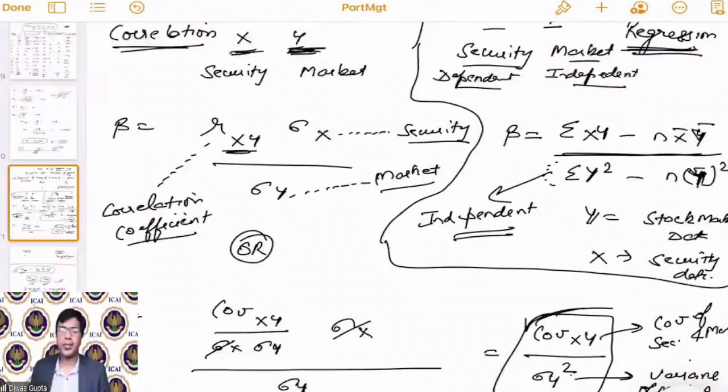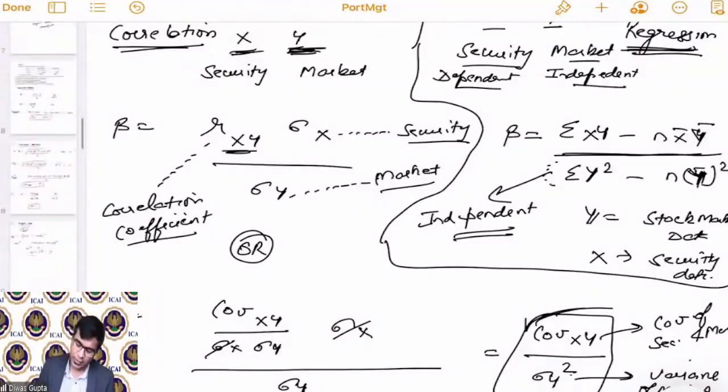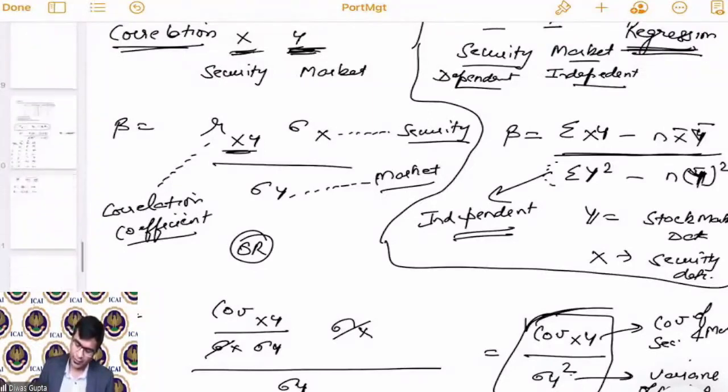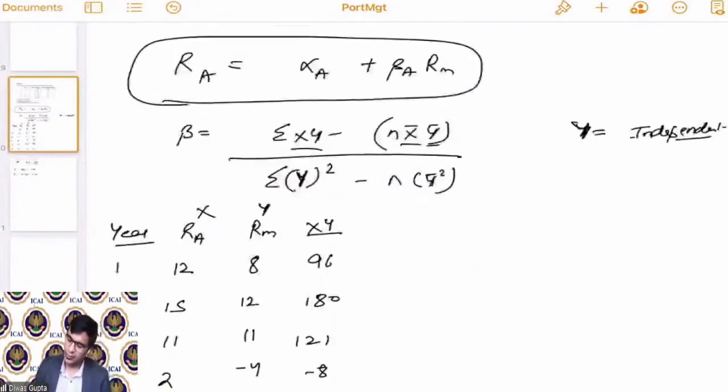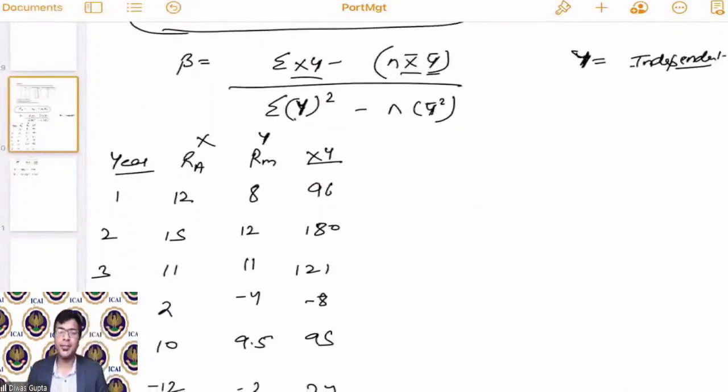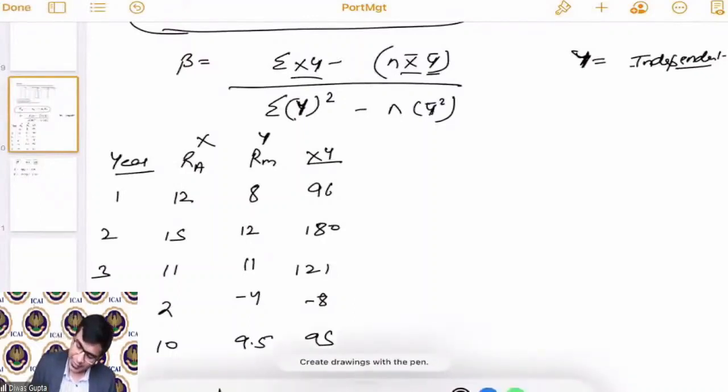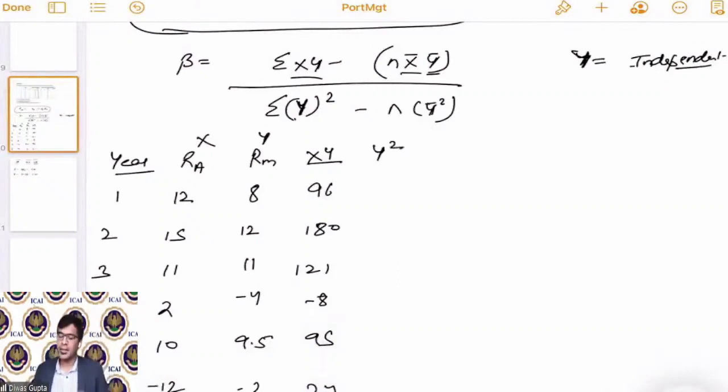Okay, students. So this is summation y square. So we'll take y square here, because y bar, x bar will come wherever you are multiplying it with n.